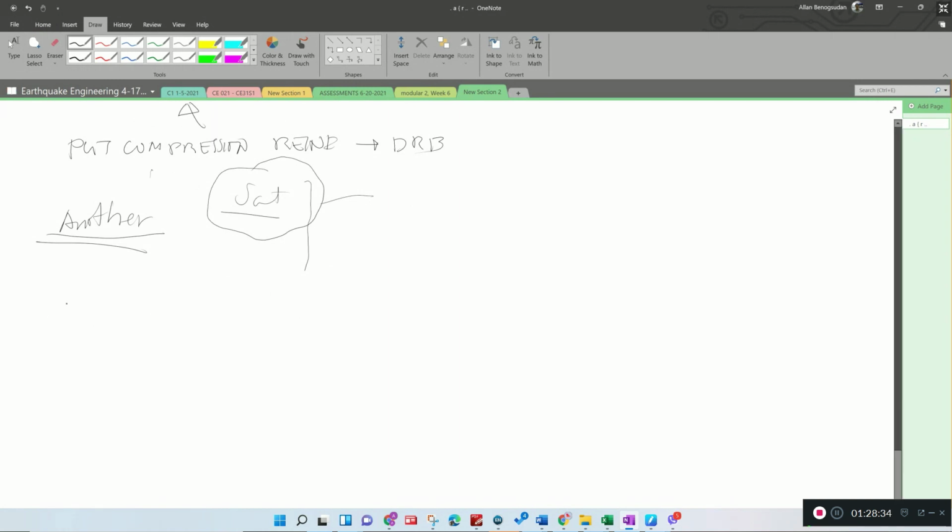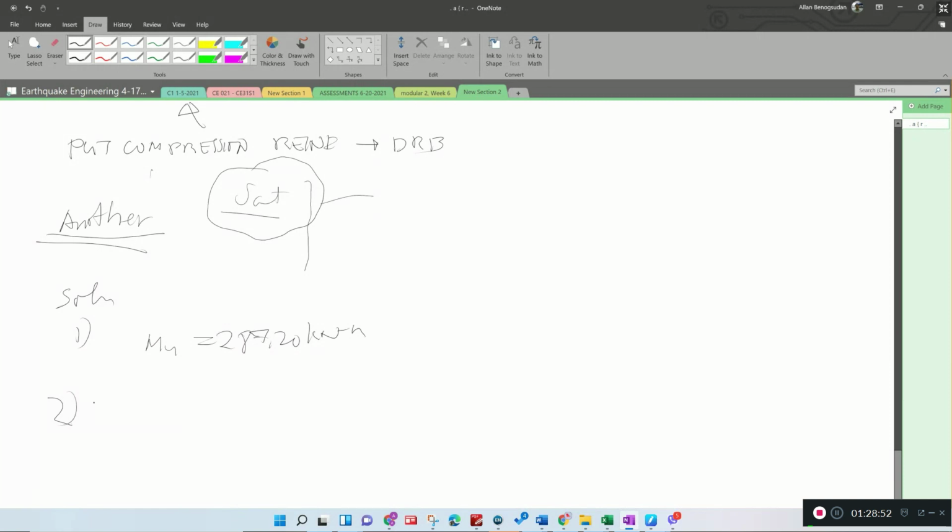Solution, another method, solution. One is the same. Two may not be the same now, okay? So here we still have 287.20 kilonewton meter.